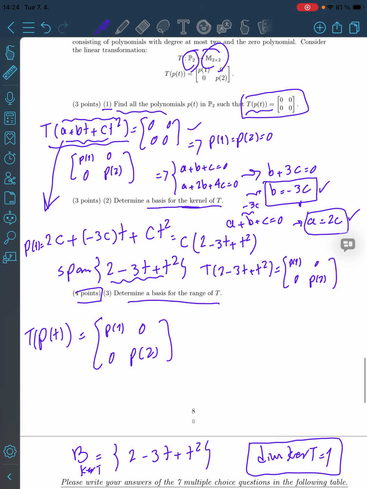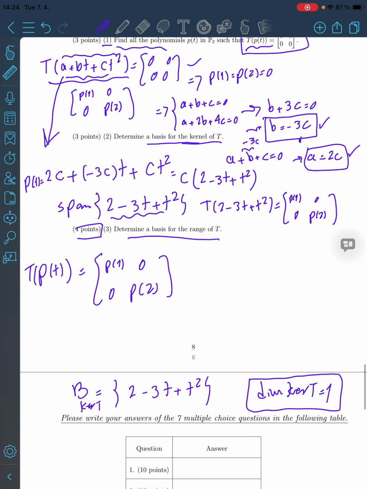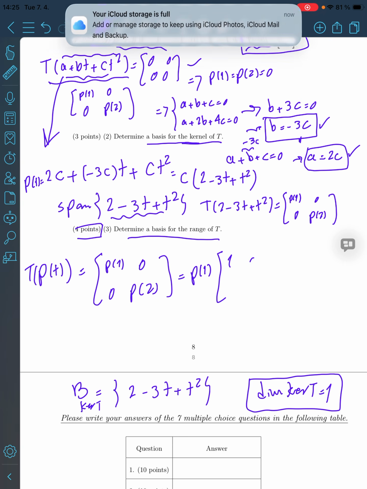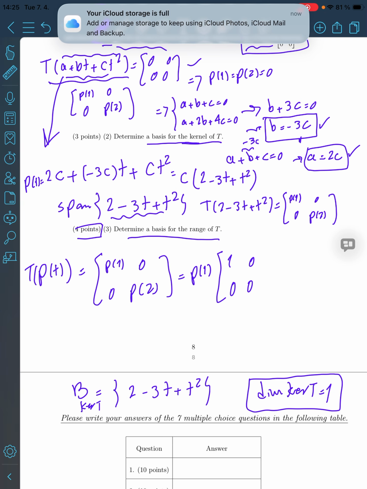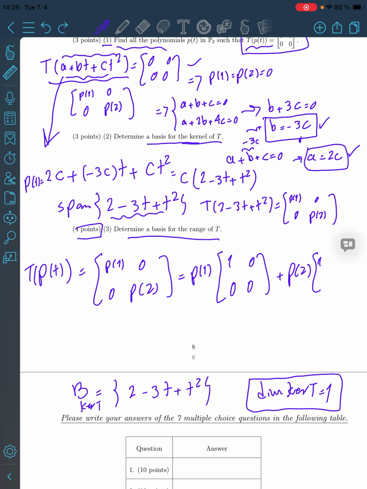But you should always remember that this p1 and p2 are just numbers. Therefore you can decompose this matrix into two matrices: p1 times 1 0 0 0, plus p2 times 0 0 0 1.